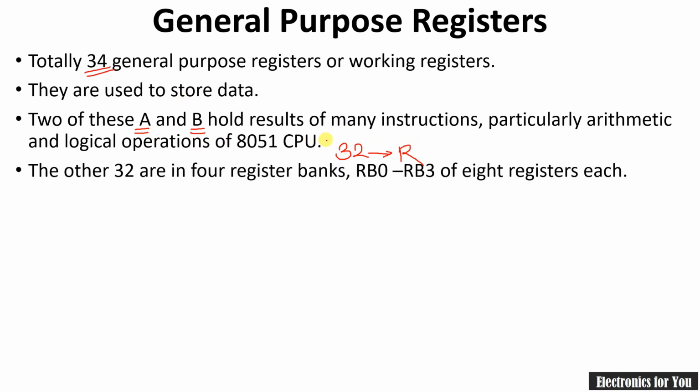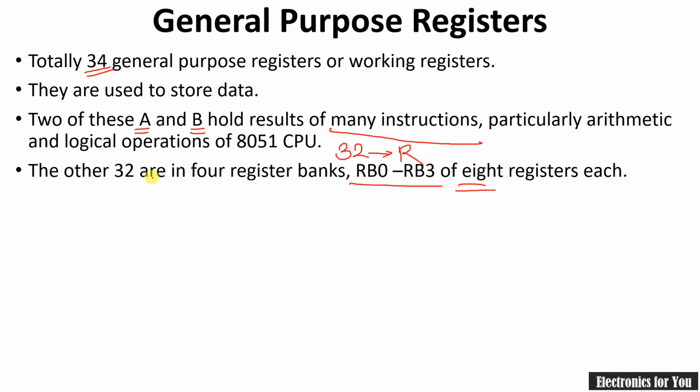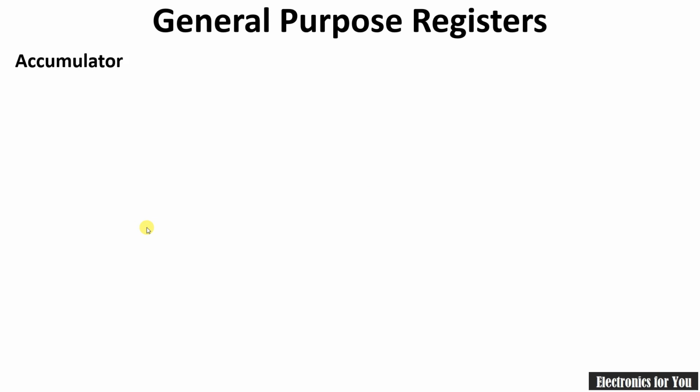Here A and B are used to hold the results of many instructions, so these are used in arithmetic and logical operations mostly, whereas this is RB0 to RB3. We are having 4 register banks. Each register bank is having 8 registers. Each register is of 8 bit. So there are total 32 8-bit registers, and they are mostly used for storing the data.